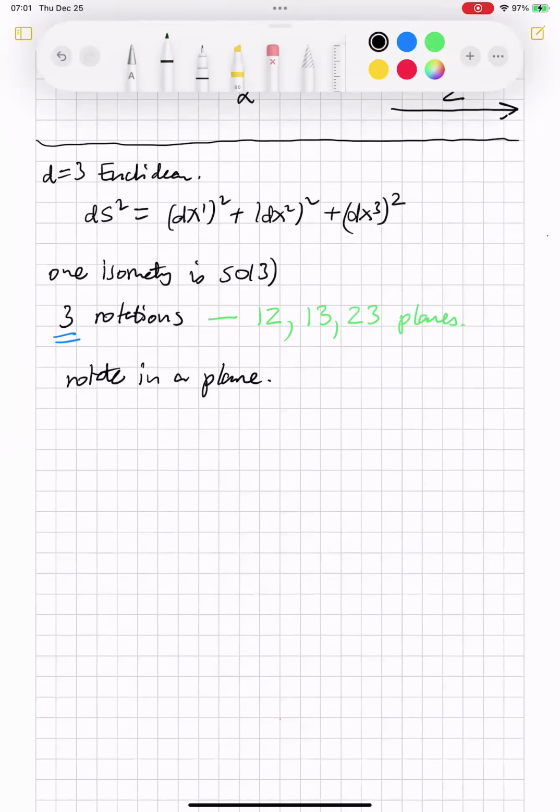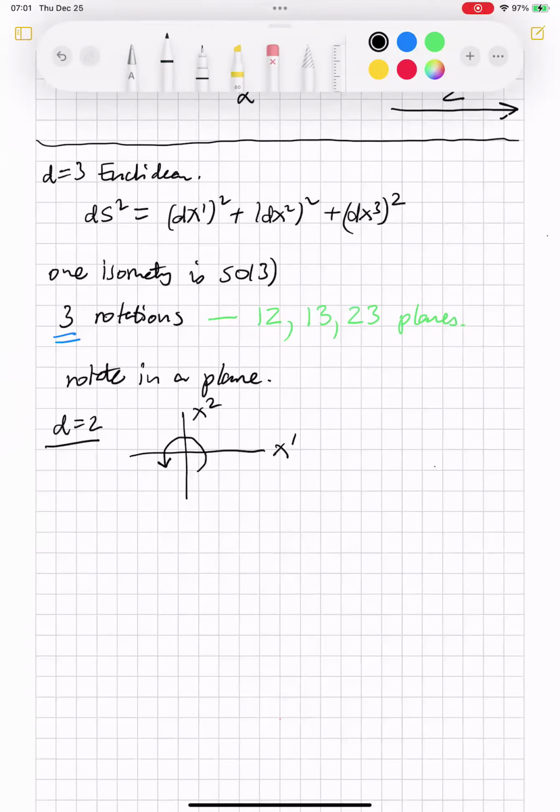Let's do 2 other examples. Say we were in 2 dimensions. Over here we could put x1, here we could put x2. We still have rotations. A rotation would move a vector around, for example, counterclockwise about the origin.